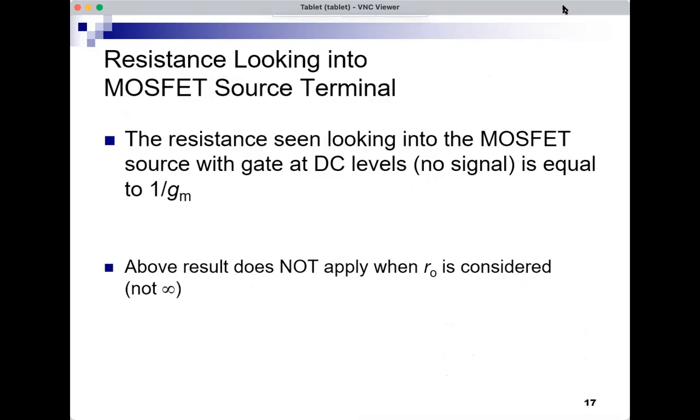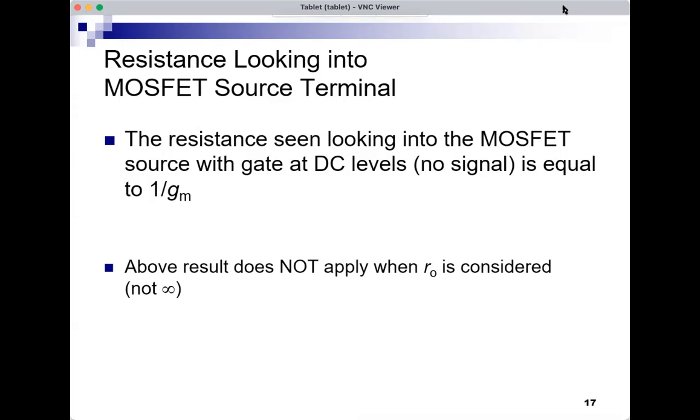And the rule is, if you're looking into the MOSFET source with the gate at some DC level, so the gate is at signal ground, and if RO is very, very large, then the resistance seen looking into the MOSFET source would be equal to 1 over GM.